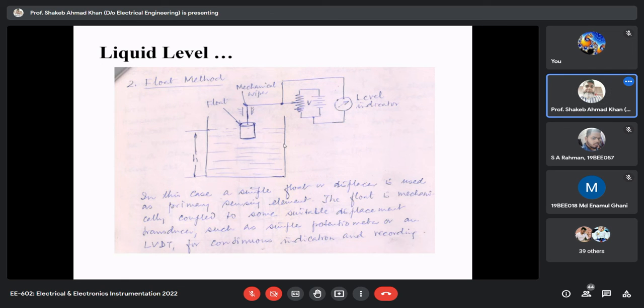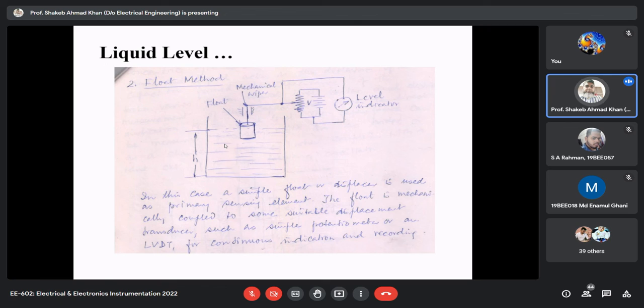Actually, you will not get the same output for all the liquids. Means if you change the liquid, your output will change for the same level, because your float will get submerged by different levels because of the density of the liquid.